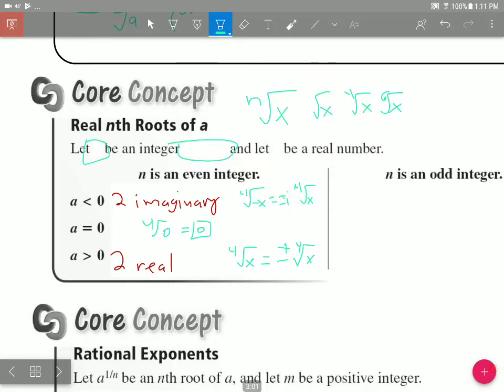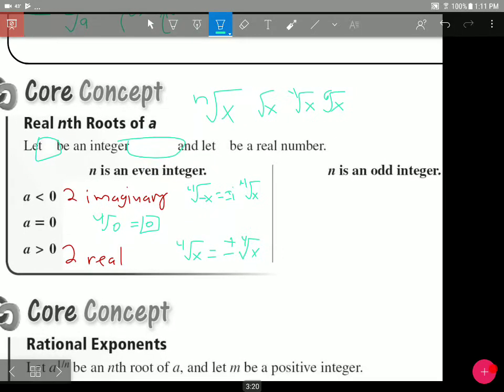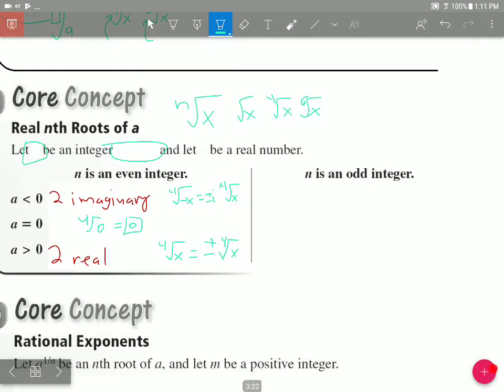So if you are looking for a variable and you take an even numbered root, you get 2 solutions unless it's 0. If you are taking an even numbered root to solve for a variable, you will get 2 solutions. If it's an odd integer, an odd root, for these ones they are all one real answer.